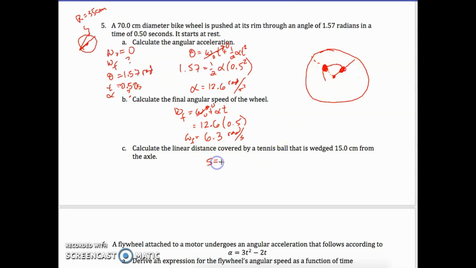Well, the relationship is s equals r theta. Part of the circumference is part of the angular measure around the circle. So 15 centimeters times 1.57 radians gets us 24 centimeters for that arc length.